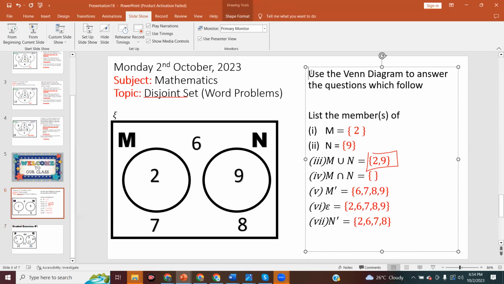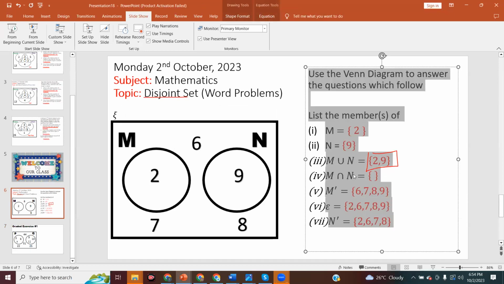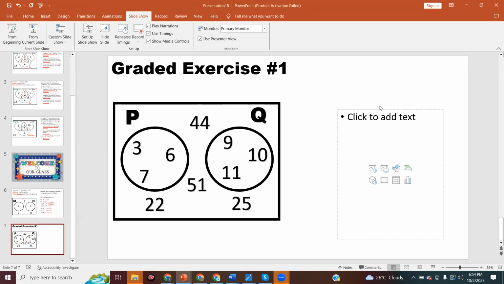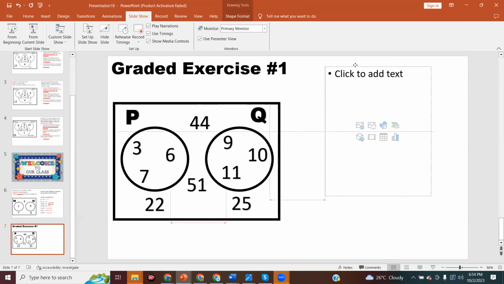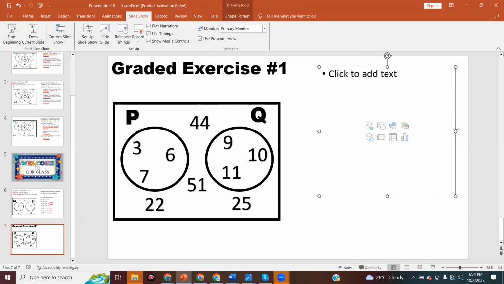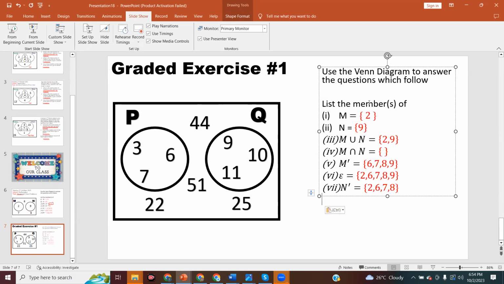You're going to use your Venn diagram to answer the following questions, but instead of M, we're gonna use P and Q. So let's say capital P, capital Q.